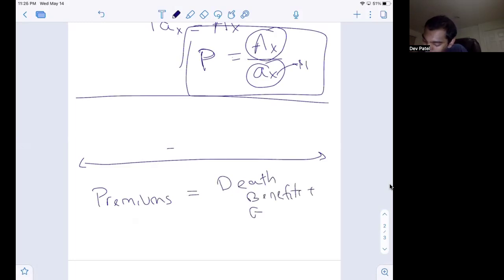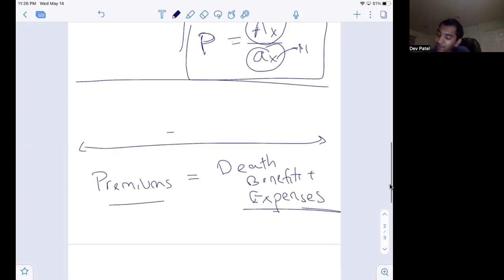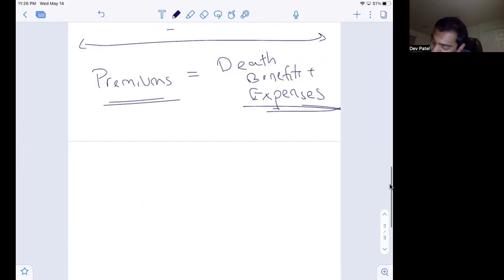If you understand this general idea of equating cash outflow to cash inflow, equating the premiums, which is what the insurer receives, to the death benefits and the expenses, which is what the insurer gives out, you're able to get the gross premium amount when we do have expenses. So that's a very critical foundational concept.